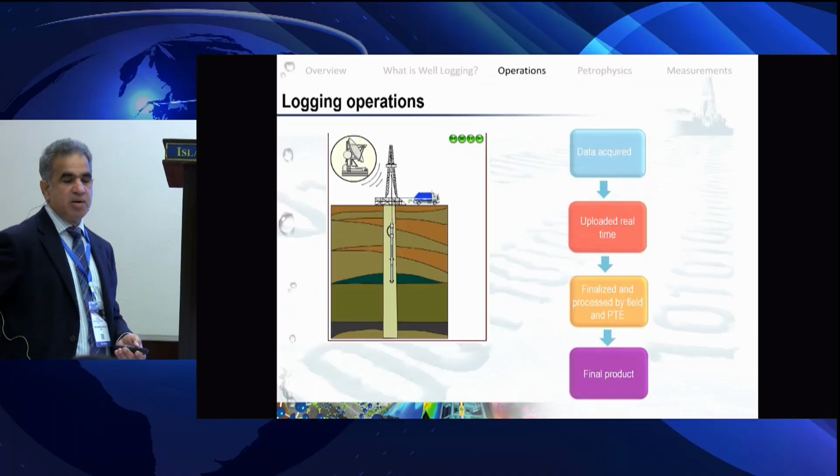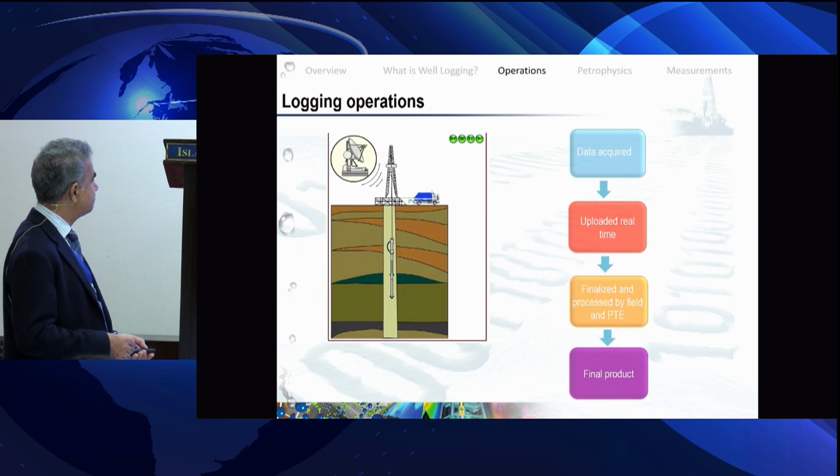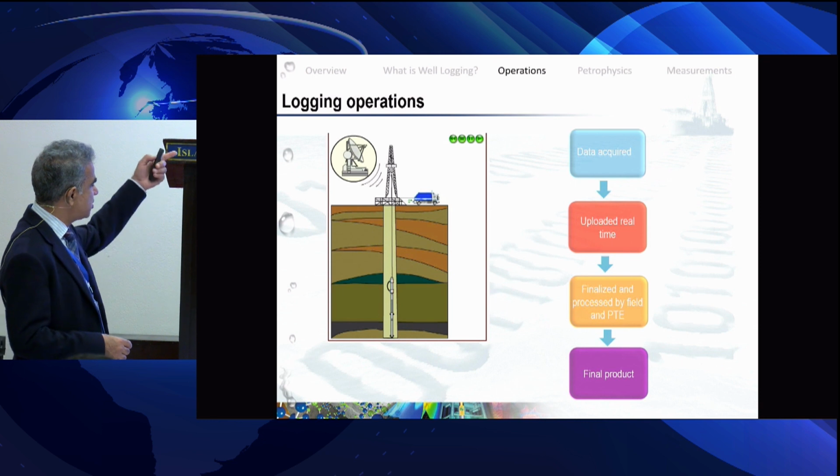The engineer does certain processing, and in the offices, people from the service company and from the oil and gas company, experts on data handling, also look at the data and do certain analysis. Then they generate the final product, which is shown to the management or the team working on that well field to make decisions and plan the way forward. So you can see that this is how the tool is being lowered.